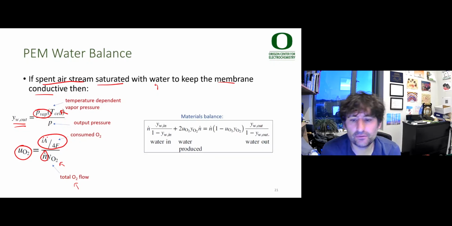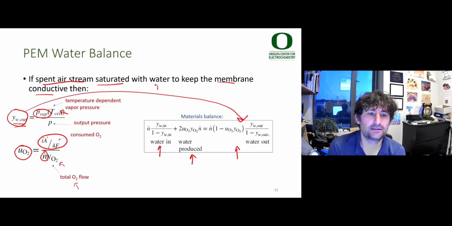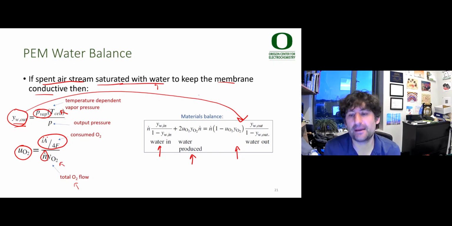Then you can just do a materials balance and say that the water in plus the water produced has to be equal to the water out. And we know the mole fraction of the water out based on this criteria that the output airstream has to be saturated with water so the membrane stays conductive and is fully hydrated. You might want to take a moment and try to understand all the components in here.